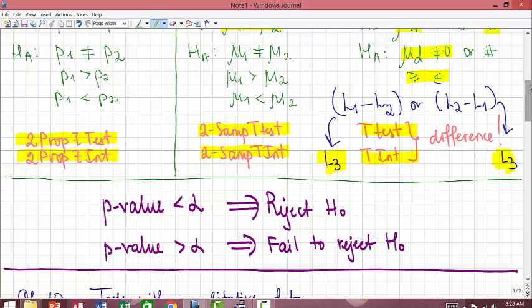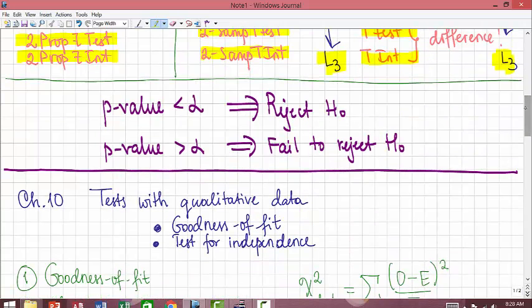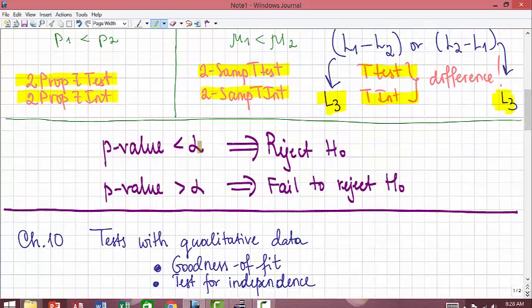Now, just like before, if the p-value is small, if the p-value is less than alpha, then this evidence is surprising, and we reject the null hypothesis. What does that mean in the context of the problem? That means there is a difference between the two samples.